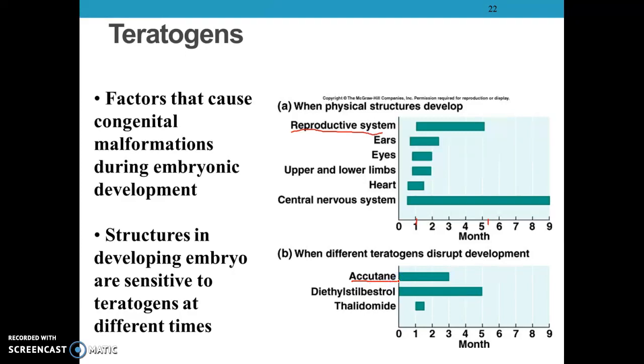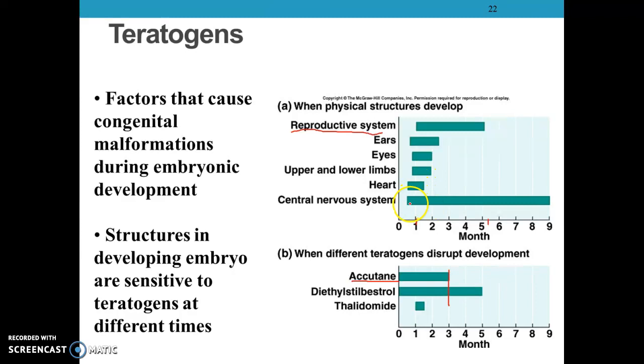So there was a big push. I think they've kind of shifted away from Accutane now, but there was a big push once they learned that if you were on Accutane and you were a female and there was a chance that you could get pregnant, you needed to be on birth control, because that can cause some really serious side effects. You can see that if Accutane is in the mother's system for the first 3 months of pregnancy, there are some pretty significant effects that can occur.